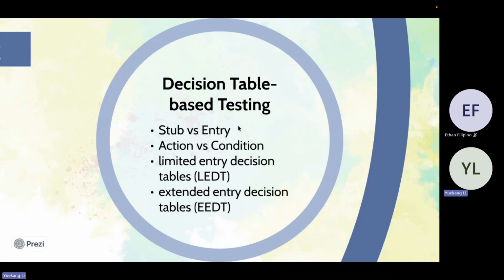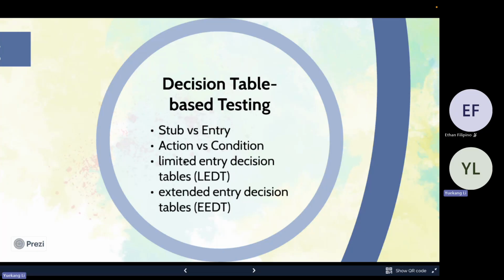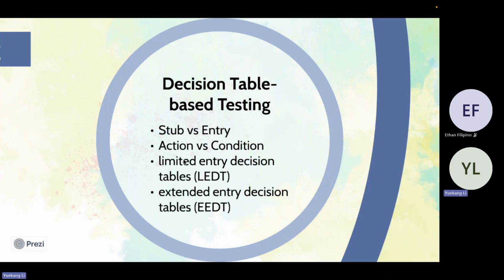And entries are the actual values. And you should be able to identify the actions and conditions of the decision table. So the conditions are more like the program inputs, and the actions are like the program outputs.